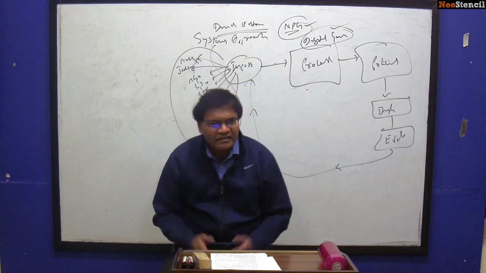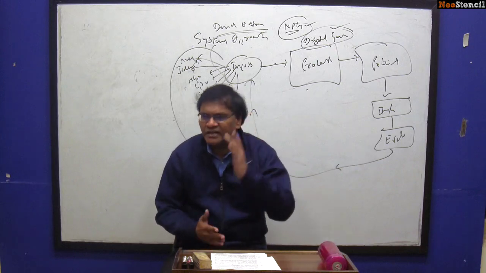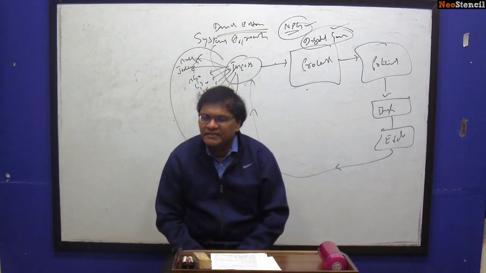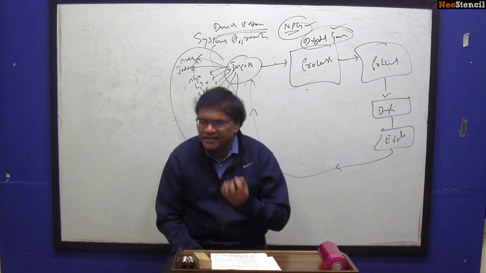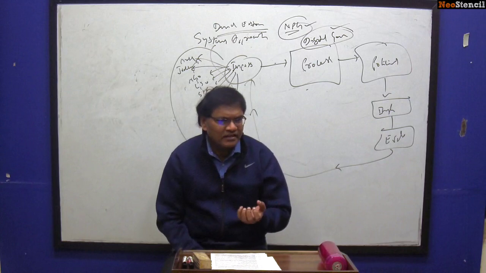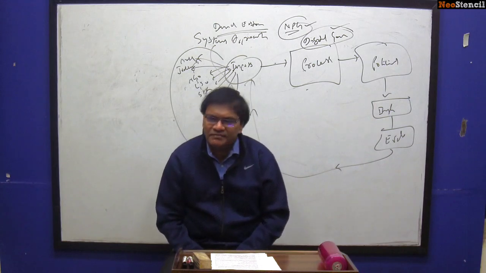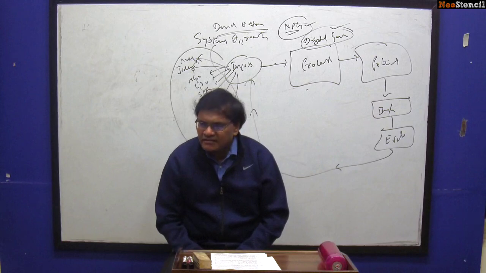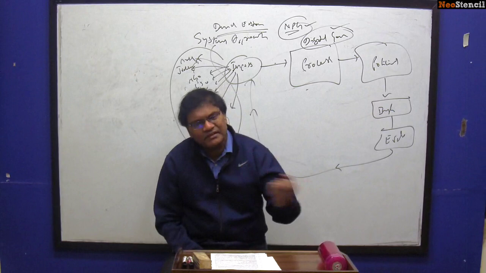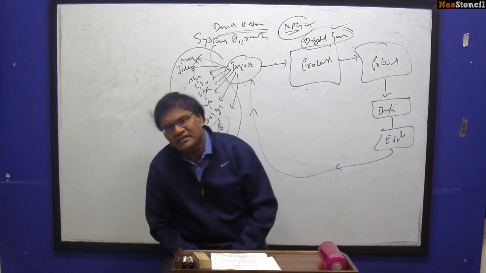And we have to look at all these things from the perspective of governance, whether they are improving governance or not. What does improving governance from the perspective of service delivery mechanisms mean?